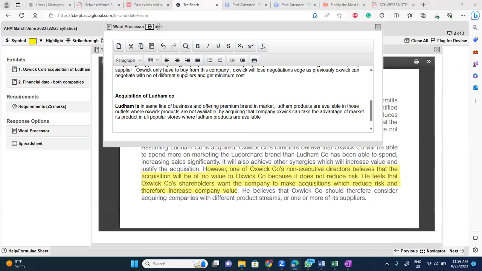Can we use terms like horizontal integration and vertical integration instead of writing acquisition of supplier? Yes, we can write that. That is more professional. Excellent.